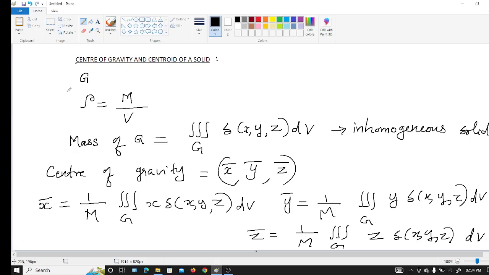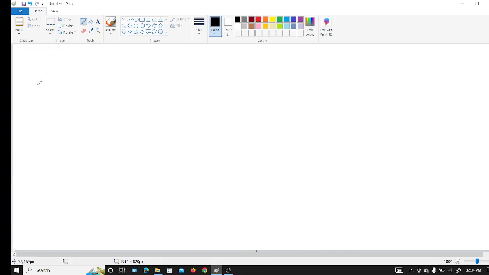Next we can consider a homogeneous solid. The center of gravity of a homogeneous solid is called the centroid. So the centroid is x bar, y bar, z bar, the centroid of a homogeneous solid.